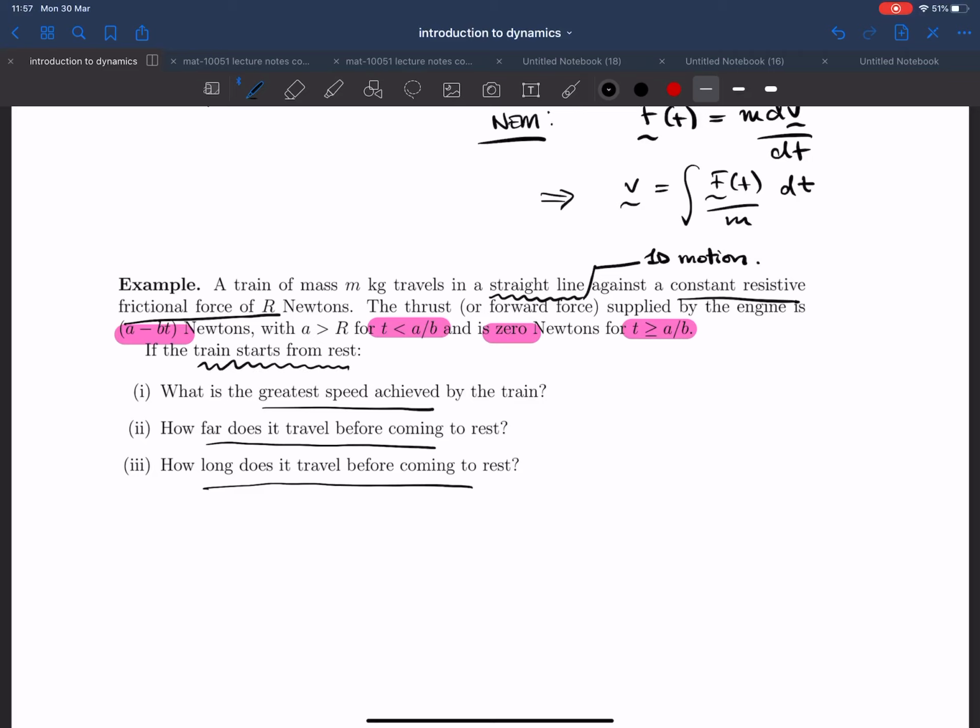So let's draw a scenario. Let t equals 0 be the case when the train is at rest, i.e. v of t equals 0i plus 0j plus 0k.